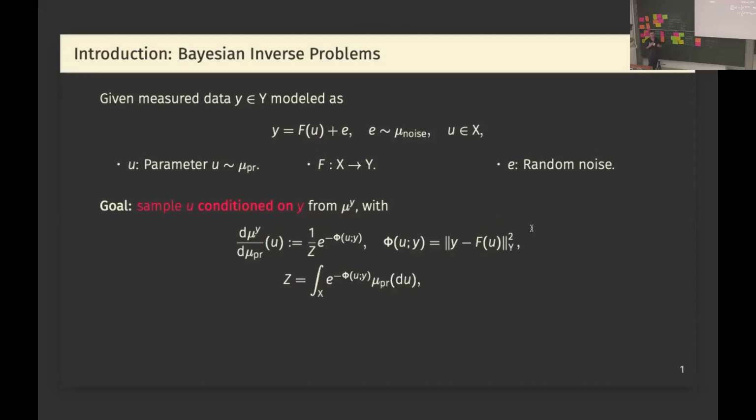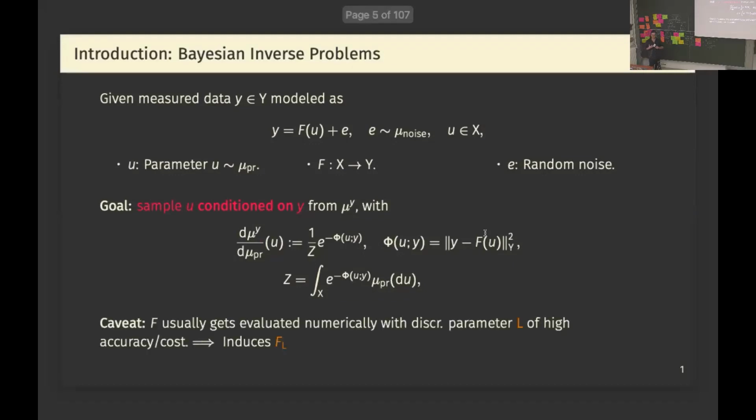Typically, this is written in terms of the Radon-Nikodym derivative of the posterior with respect to the prior, given here, which, depending on the choice of the noise model, just depends on this misfit between y and f evaluated at u at some given y.